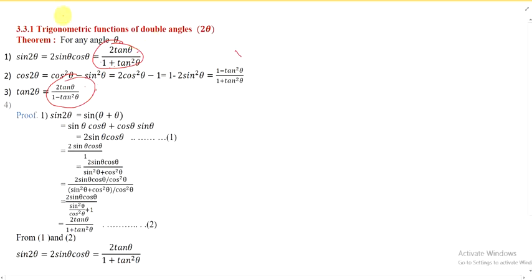Sine 2 theta is equal, it is too simple, too much simple. The proof is already given there, but okay, I will prove it again in front of you. Now the angle is sine 2 theta. This can be expressed as sine of theta plus theta, isn't it?